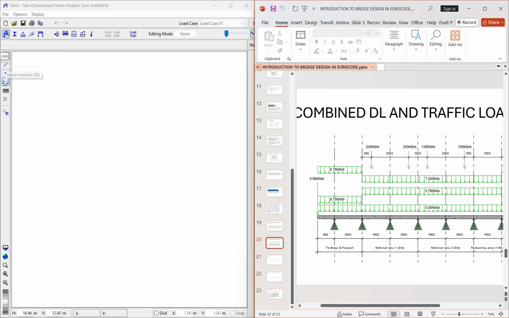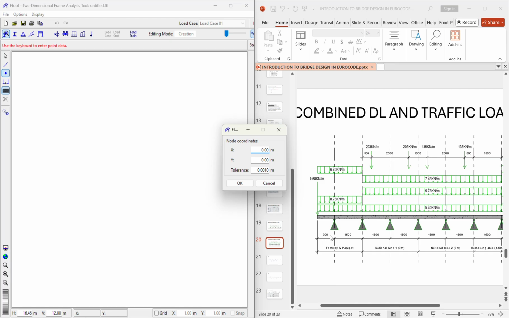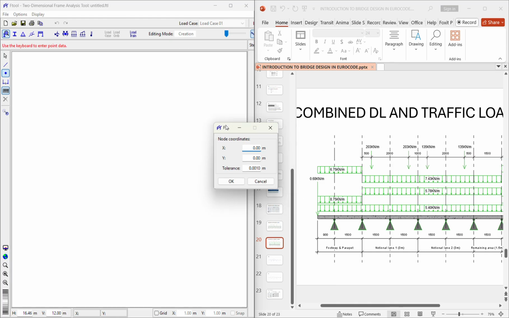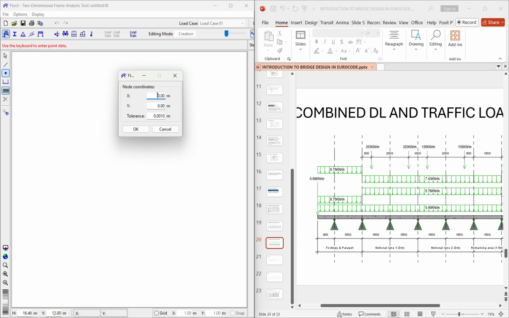So we start with creating our points. First click this one, and then now you create your points. The first one shall be 0.9 meters. Okay, it's there. The first point shall be at 0.